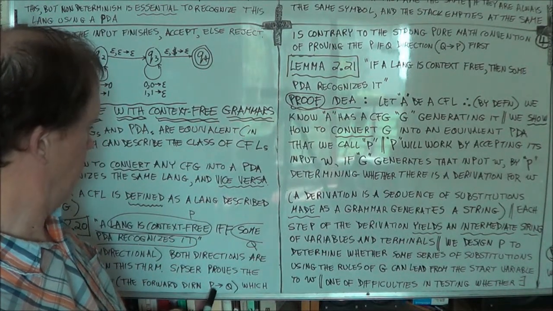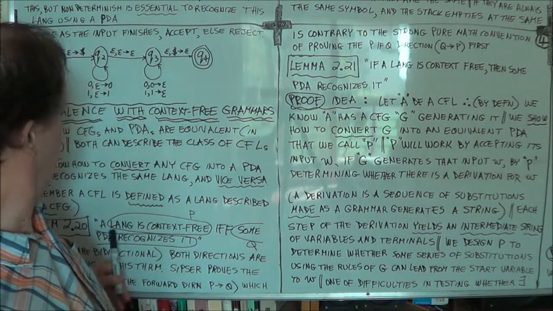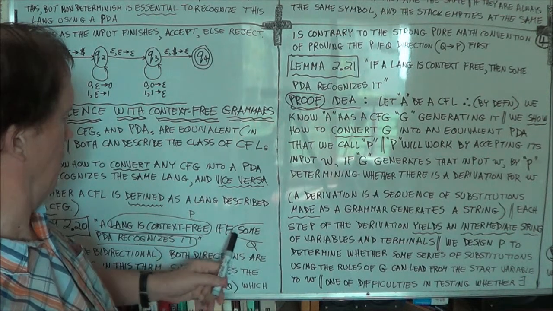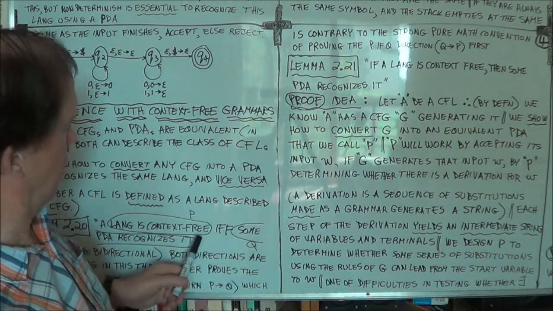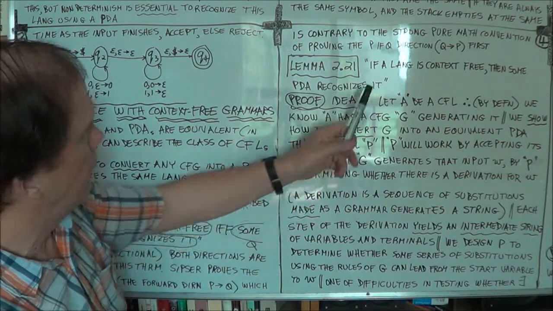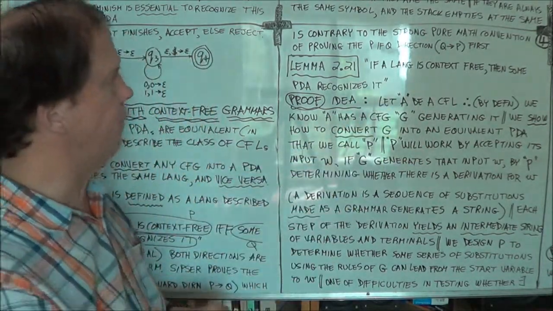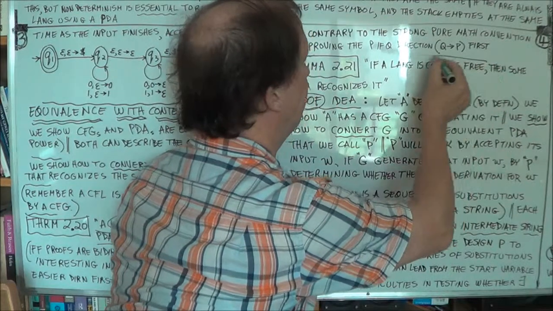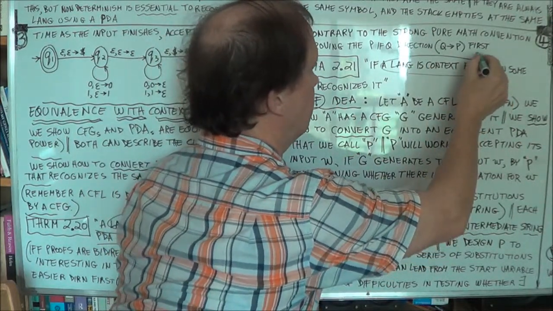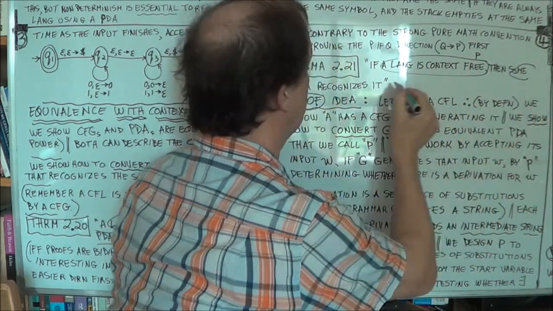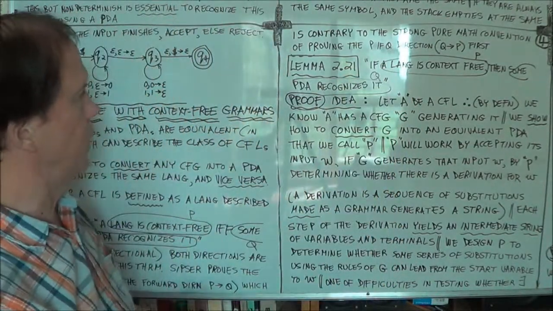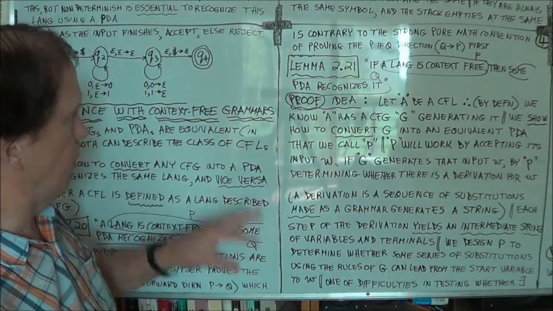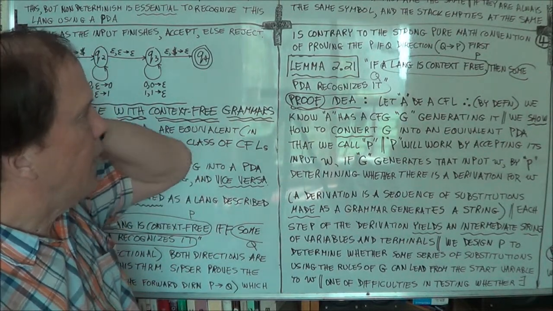In other words, if P then Q. That's P, and some PDA, that's Q. So if P then Q, he's going to do that one first.